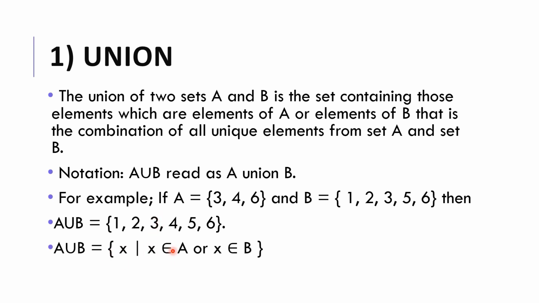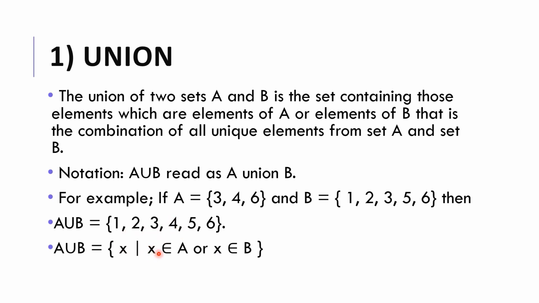Now this is the set builder notation form of this set. This set is called the roster form. This set is written in the roster method, and this set is written in the set builder notation. In the set builder notation we use the variable x. The x variable represents the elements of the set.